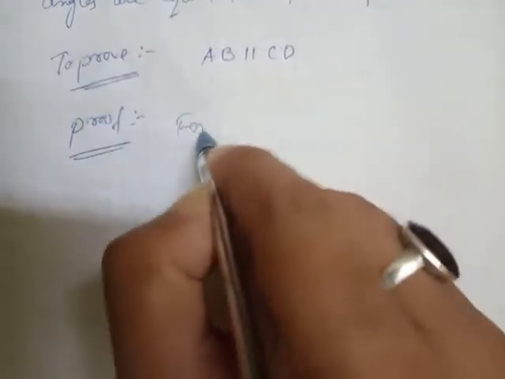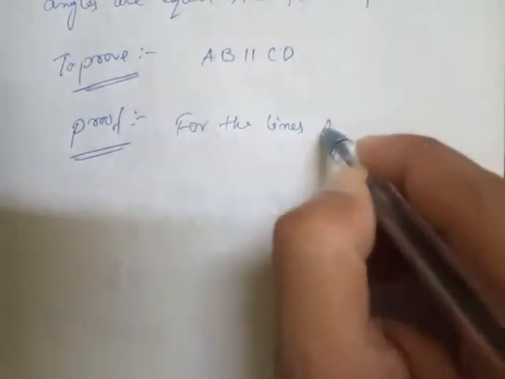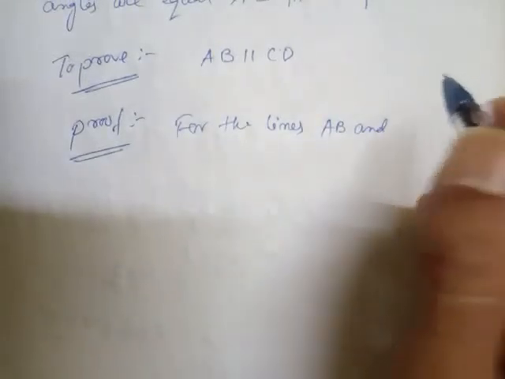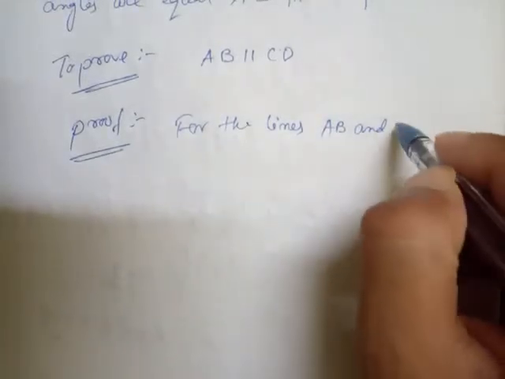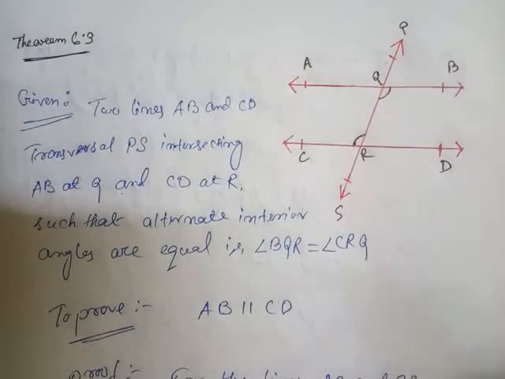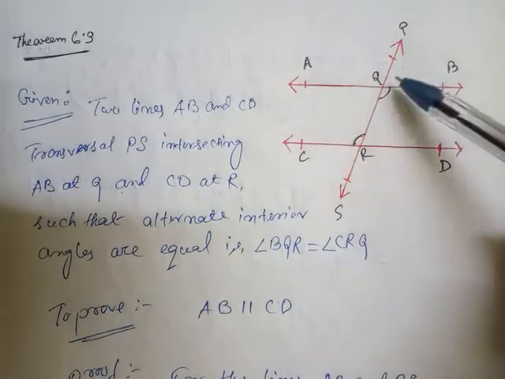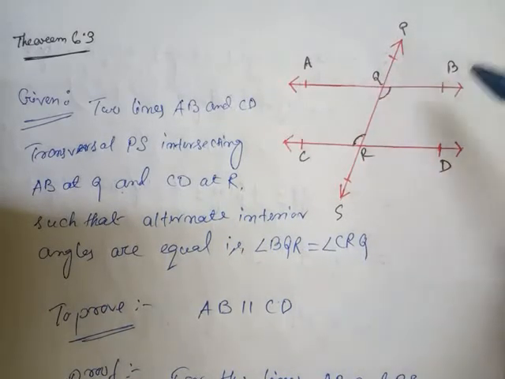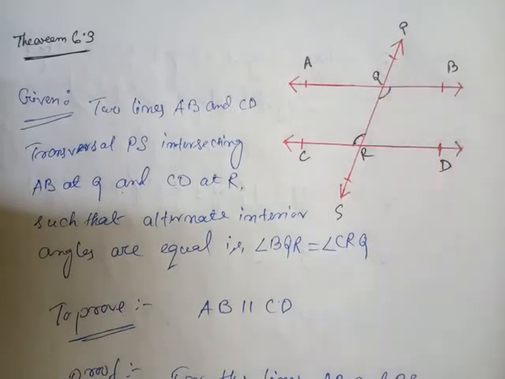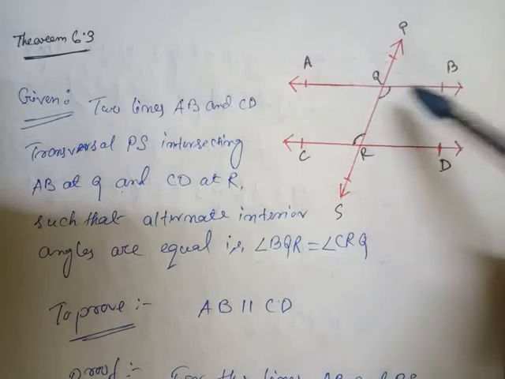We'll write here now, for the lines AB and PS. Look here now, AB and PS. Here AQP, which means this angle, and here BQR, this angle. These two angles are vertically opposite angles. I repeat again, AQP means this angle and BQR means this angle.